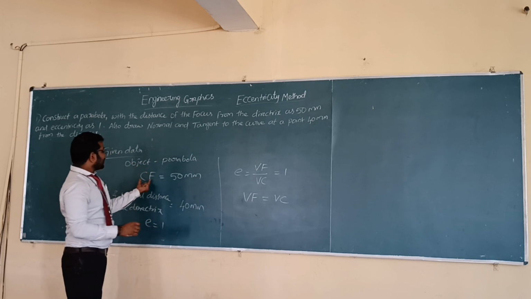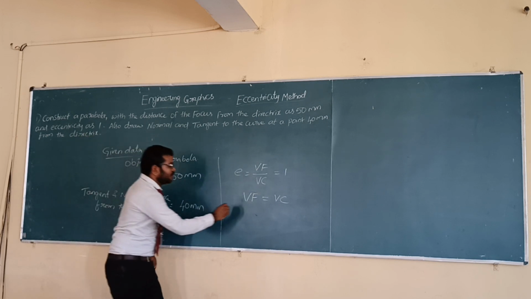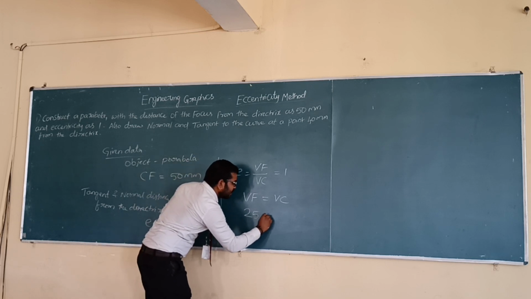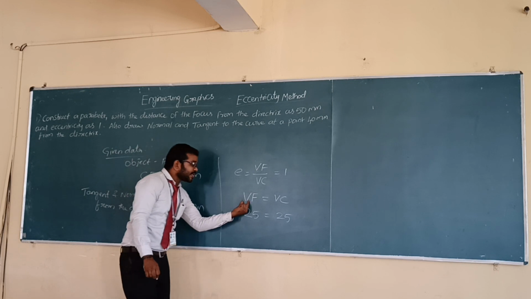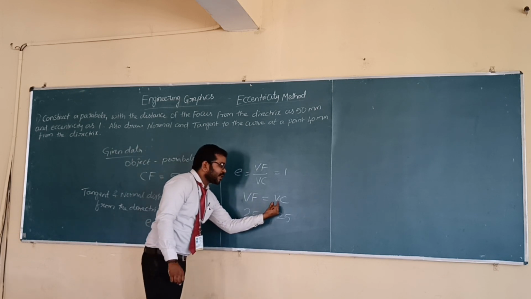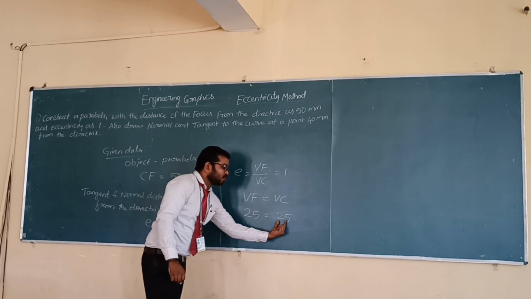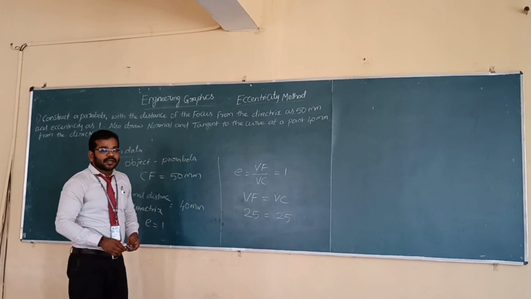CF is nothing but VF plus VC, so VF is 25 mm. The distance of vertex to focus is 25 mm, and the distance of vertex to directrix is equal to 25 mm. So now we can find out the vertex.